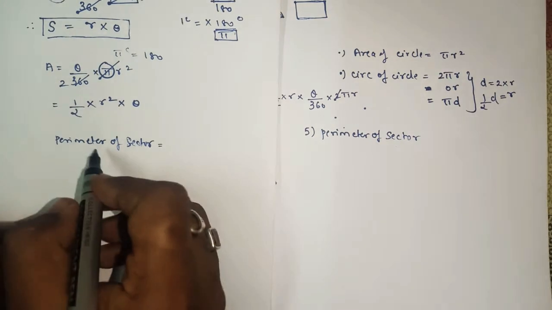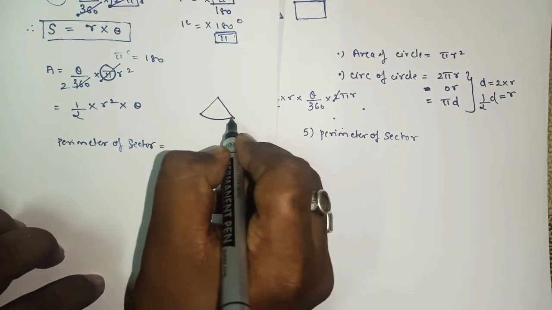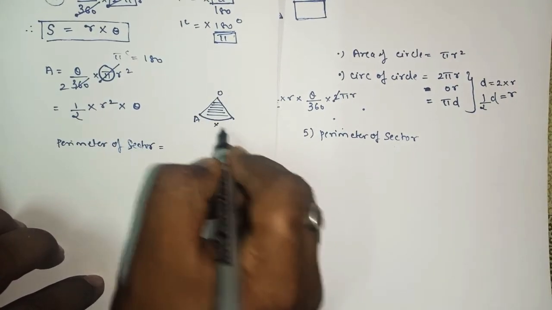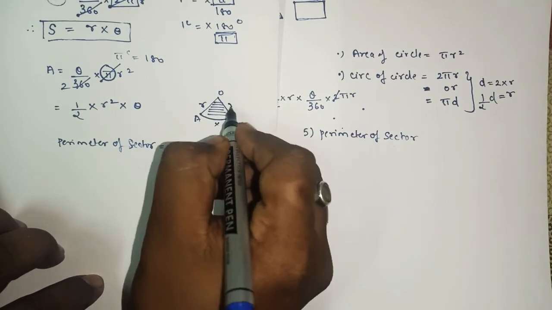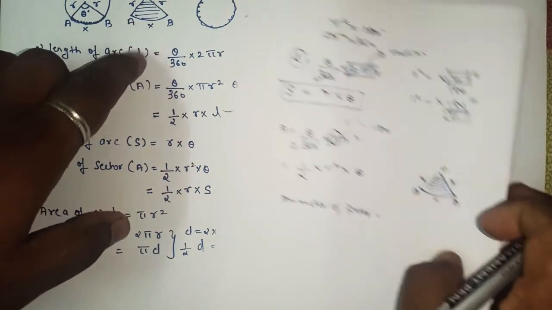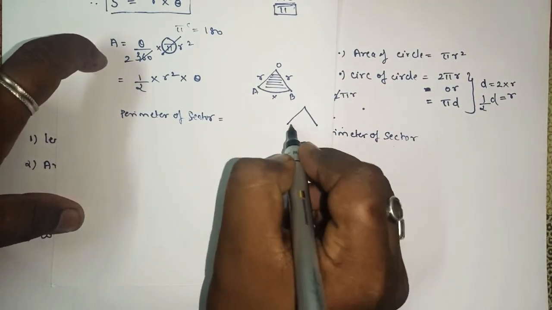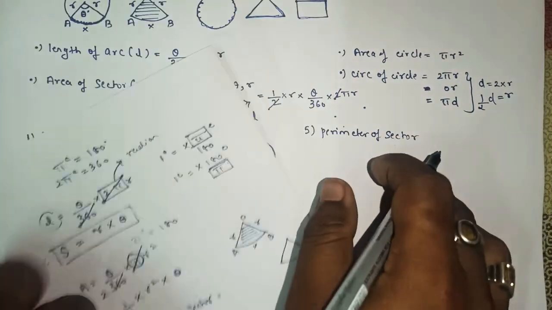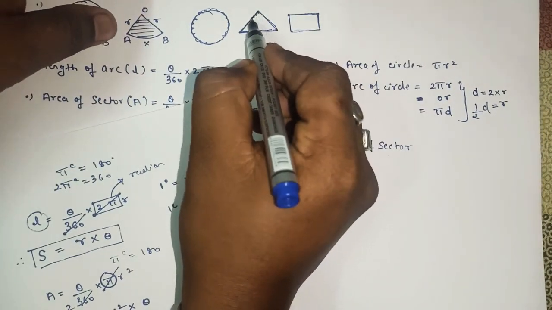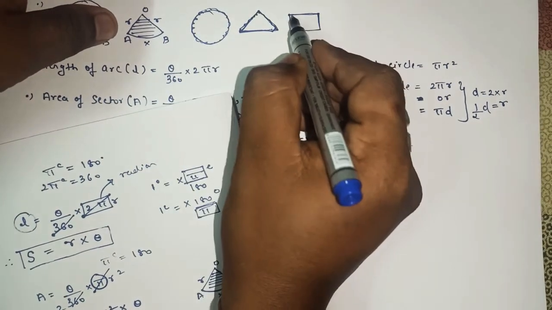So what do you mean by perimeter of sector? As we know, this is the sector O A X B, and this is the radius. This part is the sector. Now we'll see how to find the perimeter. Perimeter means the outer boundary. As I just explained, for a triangle this outer boundary is the perimeter. For a circle we say circumference.